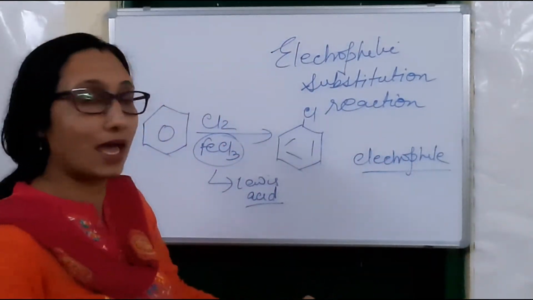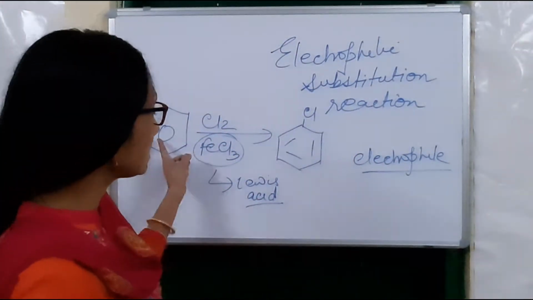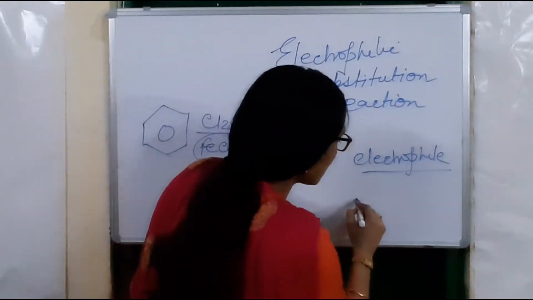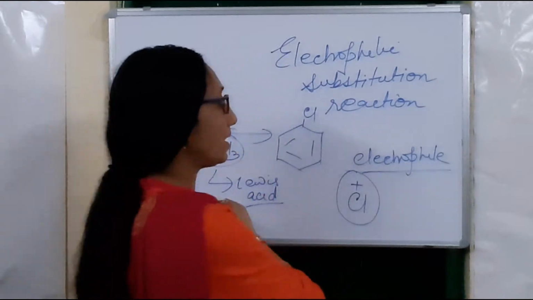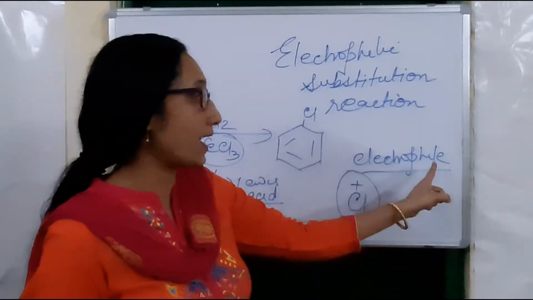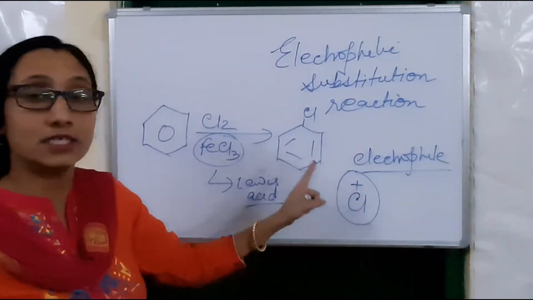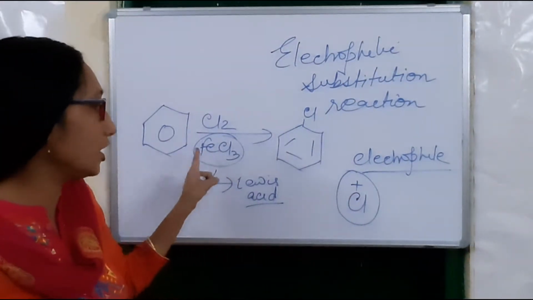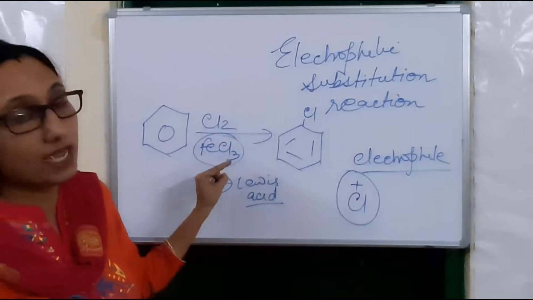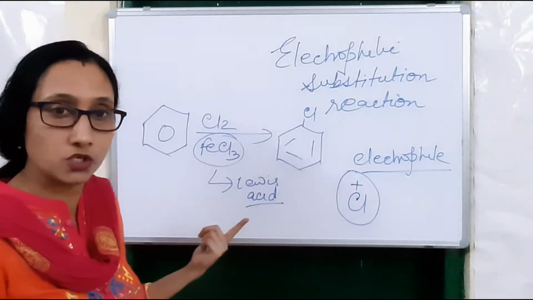And the electrophile that is generated in this halogenation reaction is chloronium ion. So, this Cl plus is the electrophile. Who is helping in the generation of the electrophile? Lewis acid. Here the Lewis acid is FeCl3. It can be AlCl3 also.